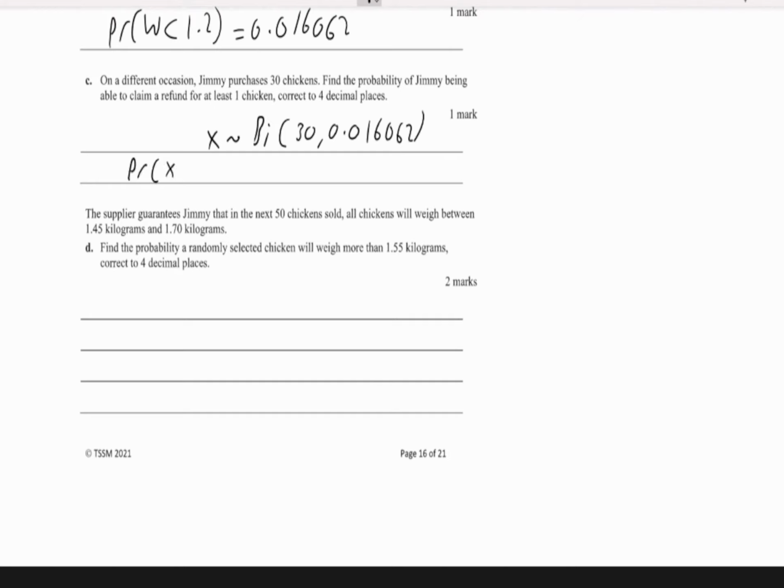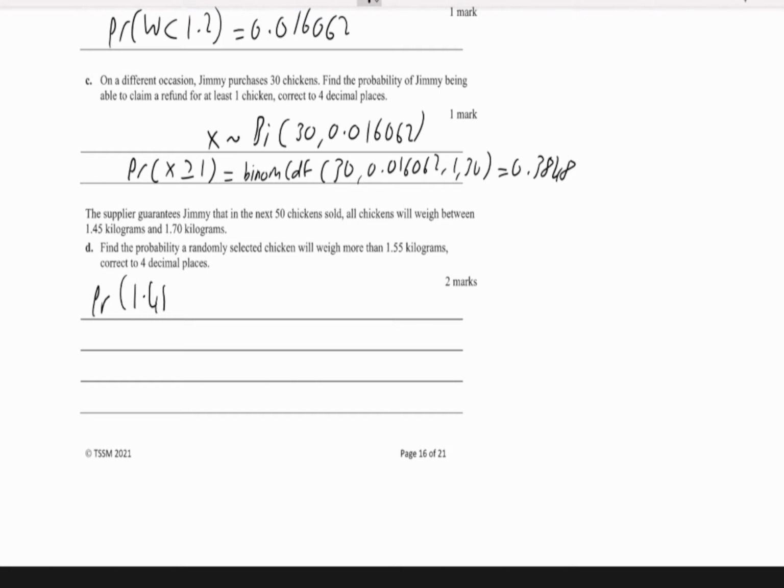And PR x is greater than or equal to 1 equals binom CDF 30, 0.016062, 1, 30. Just plug that into CAS. 3848. That's the answer.